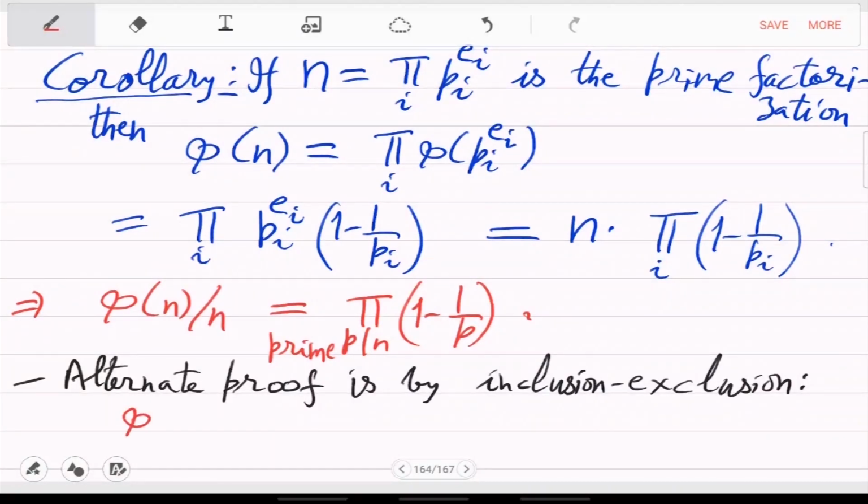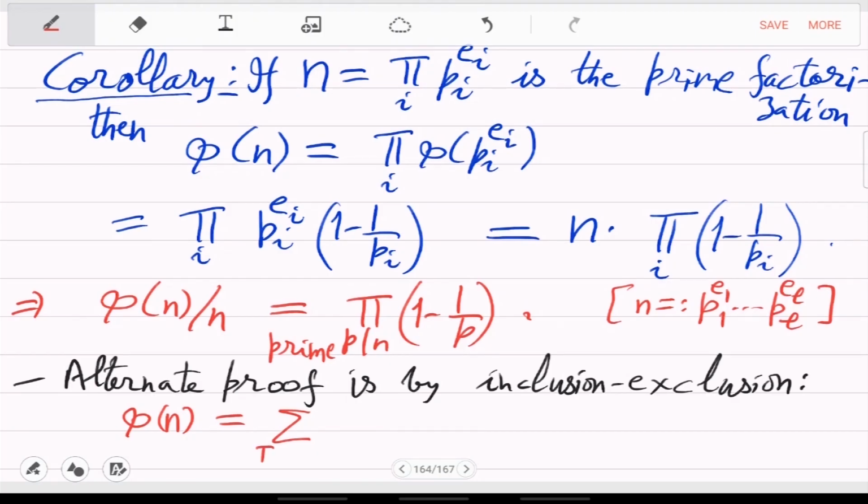So you will get phi of n to be a sum. So how many prime factors were there? Let's write that. Say there were L prime factors, p1 to pL.